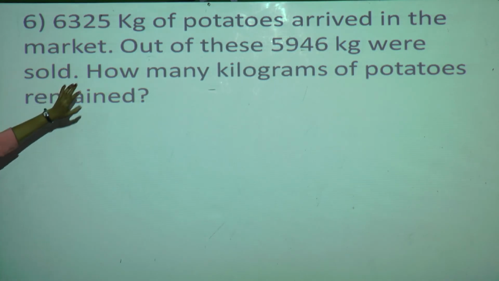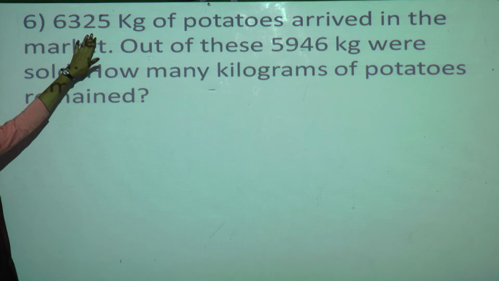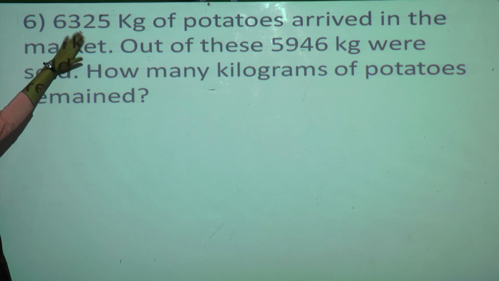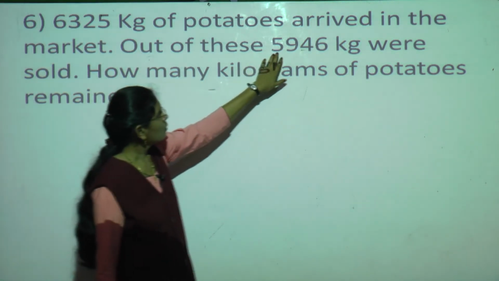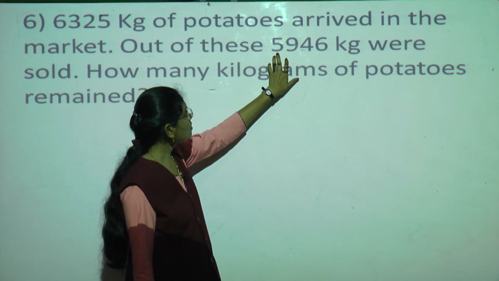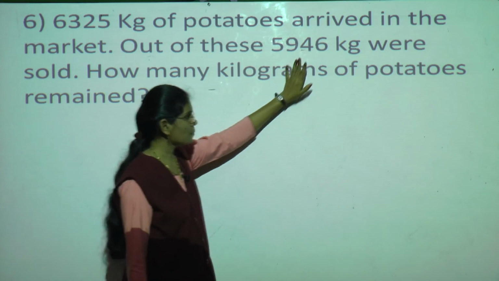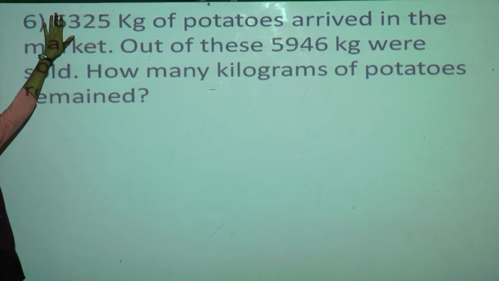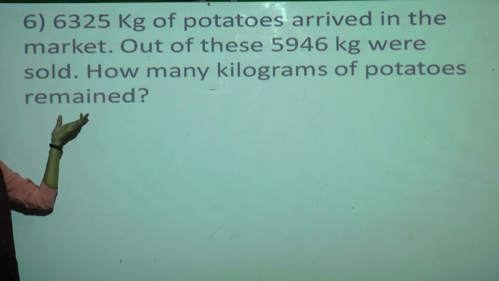So what you will do? Total number of potatoes, total weight of potatoes is 6,325. From this 6,325, if we will subtract the sold potatoes, weight of sold potatoes, what is the weight of sold potatoes? 5,946. If we will subtract this number from this greater number, then we will get how many kilograms of potatoes remain.